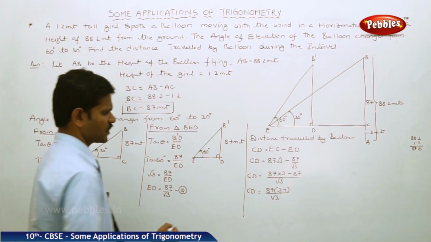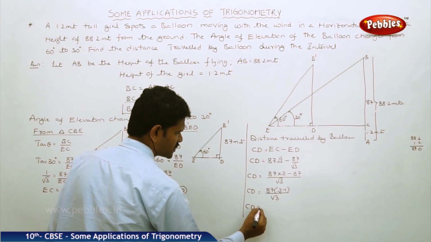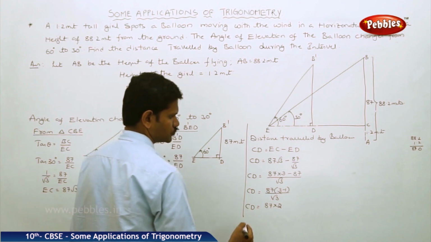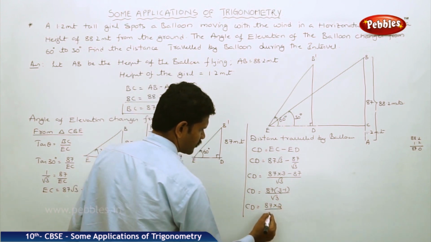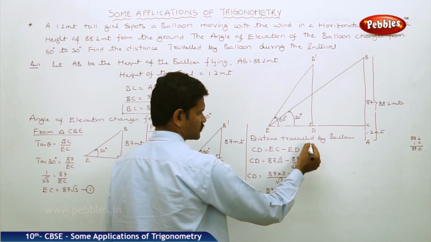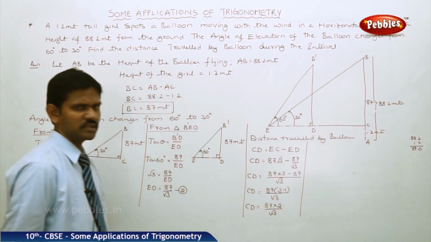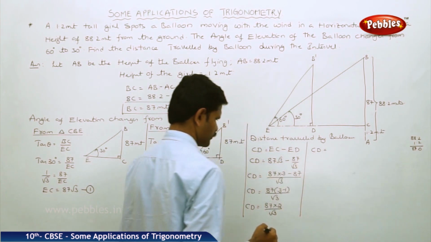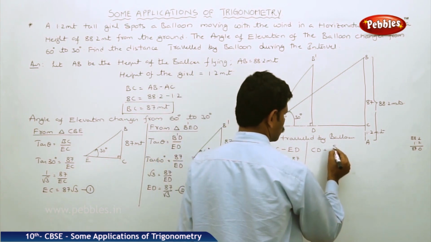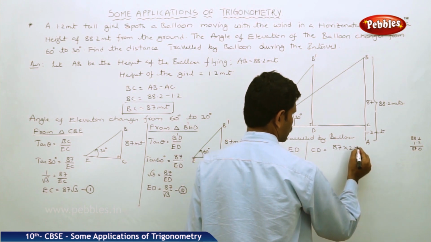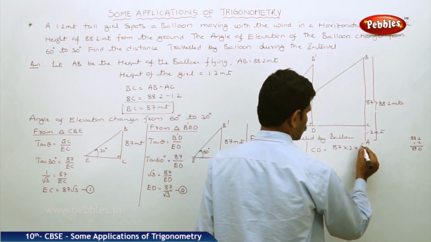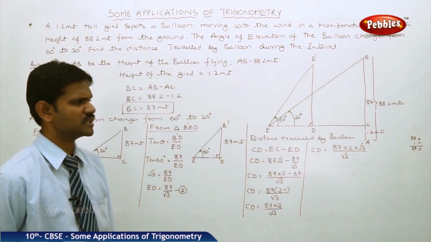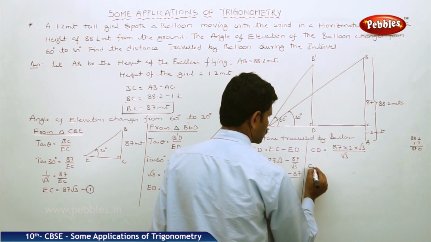That is, CD is equal to 87 into 2 by root 3. That is, CD is equal to 87 into 2 into root 3 by root 3 after rationalization.